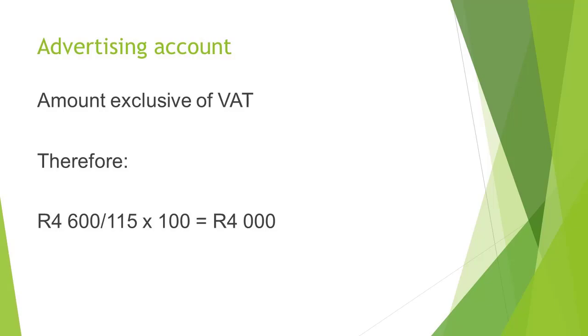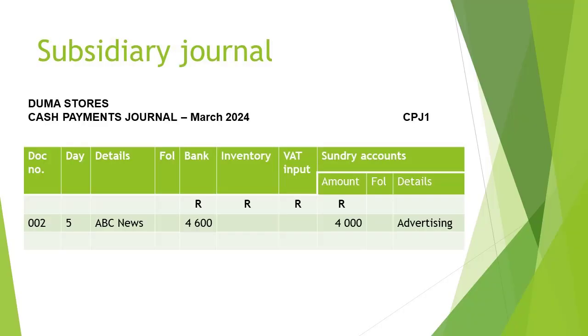Since the amount given was inclusive of VAT, the calculation would be R4,600 divided by 115 multiplied by 100 equals R4,000. Since this cash payments journal does not have an advertising column, we will write the amount of R4,000 in the amount column under sundry accounts, and in the details column we will write the account name, namely advertising.